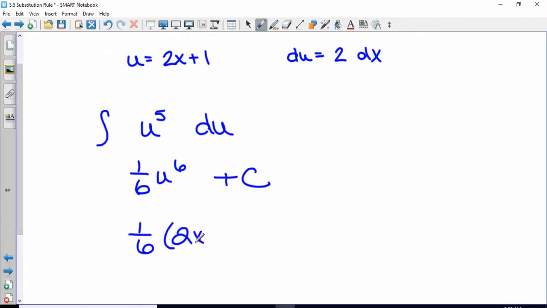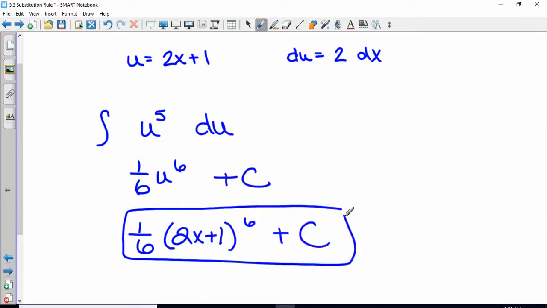So u is 2x plus 1. So this is 1/6, 2x plus 1 to the 6th plus c. Now, did we just make this problem more difficult than it needed to be? Yes. But this is getting the process down before I throw something more challenging in there. Questions?